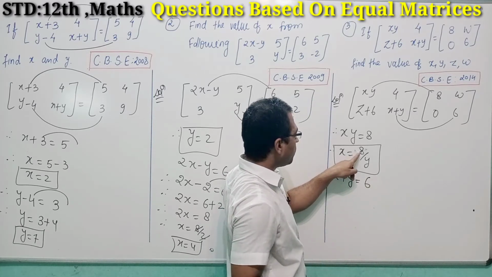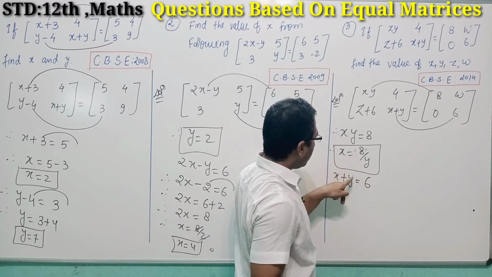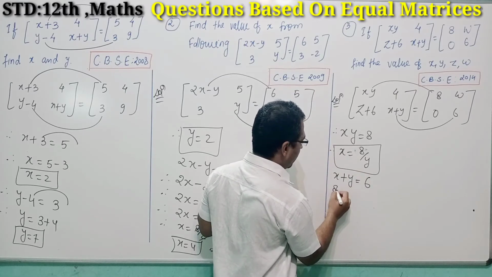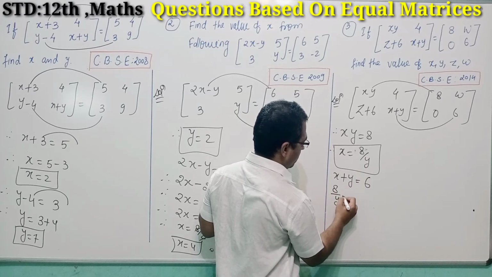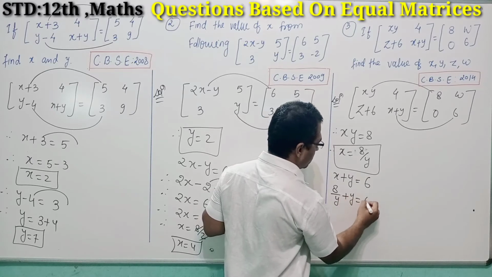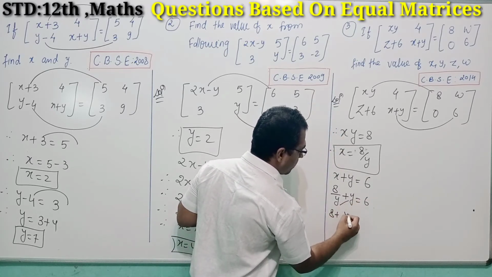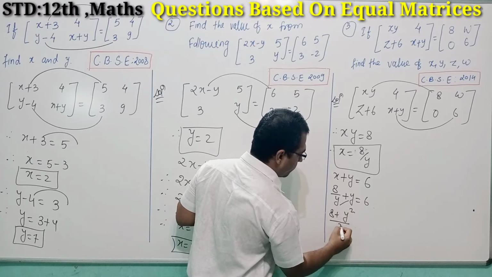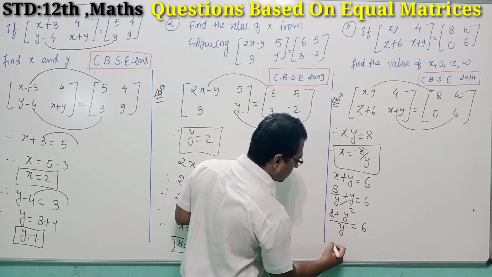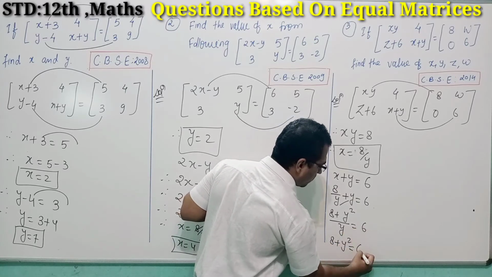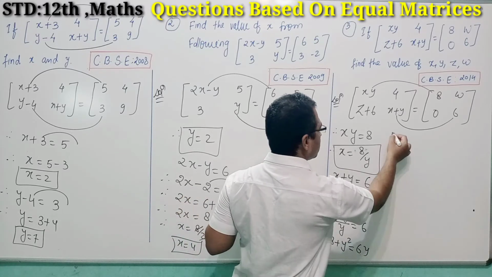So what is the value of x over here? The value of x is 8 upon y, plus y is equal to 6. So 8 plus y square by y is equal to 6. So 8 plus y square is equal to 6y, right students?